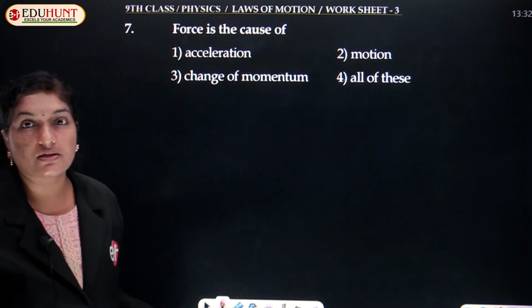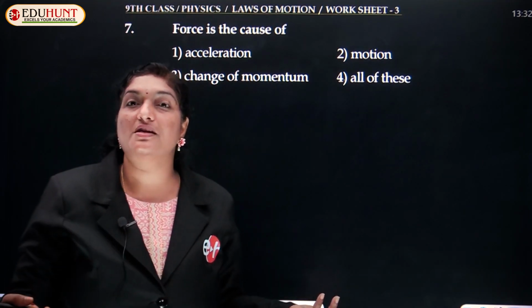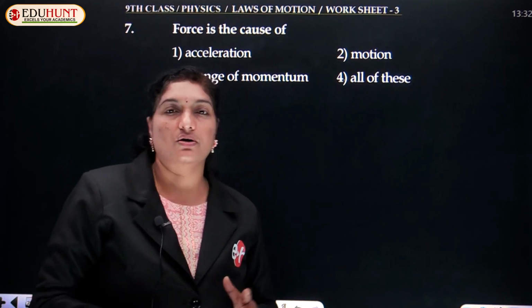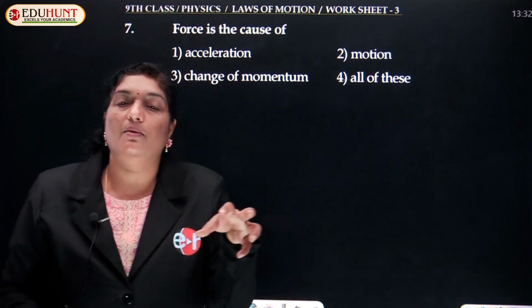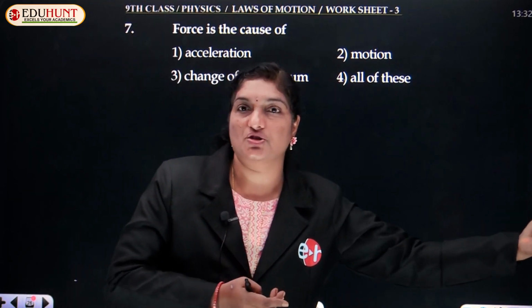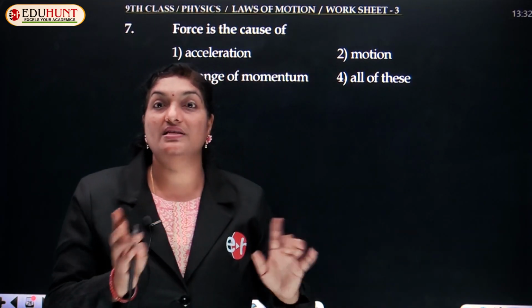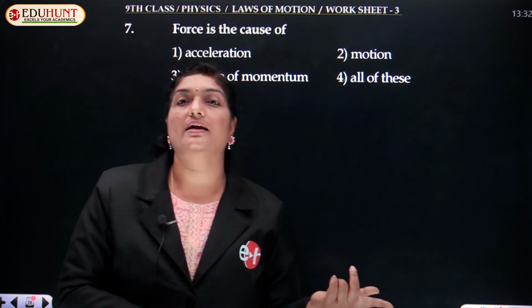Because of the force, the rate of change of momentum is produced by the net external force. So change in momentum is also produced. Initially it was moving with some velocity u, force is applied, velocity changes to v, then the change in velocity equals v minus u, and the change in momentum equals mv minus mu.